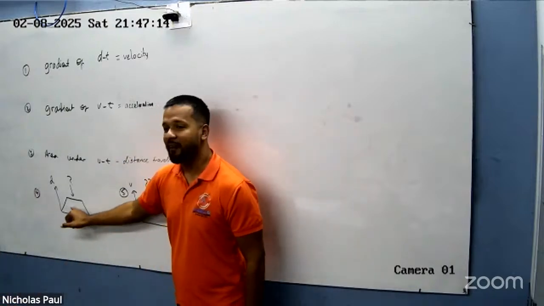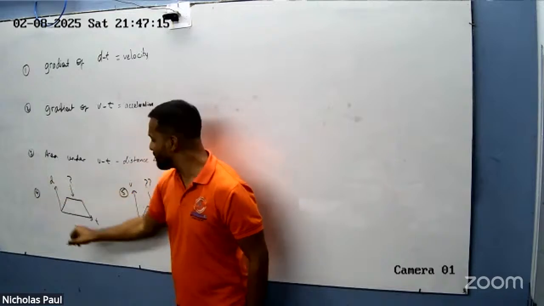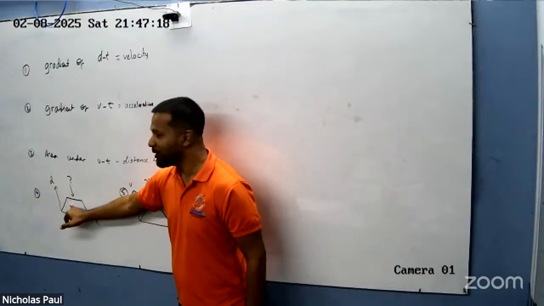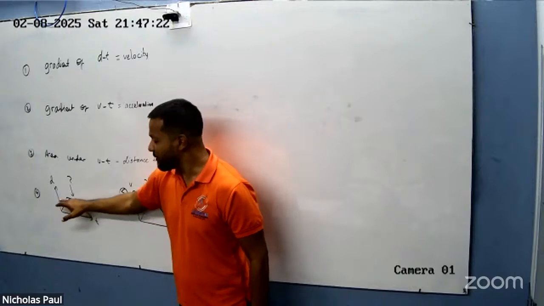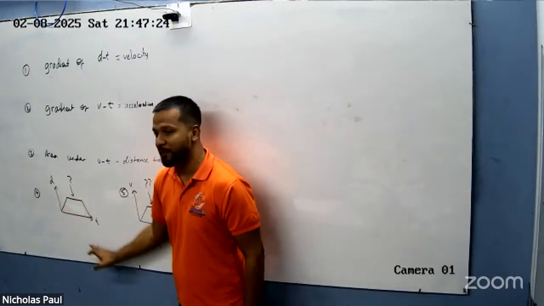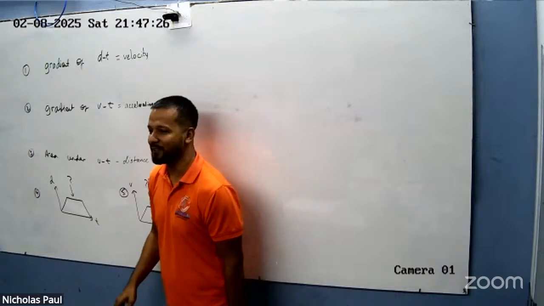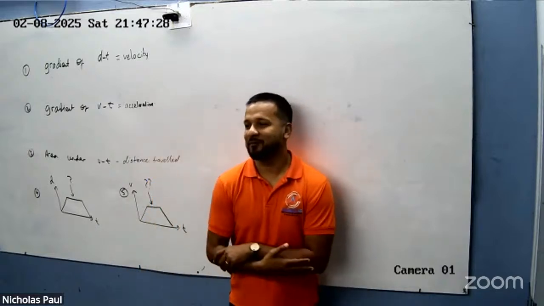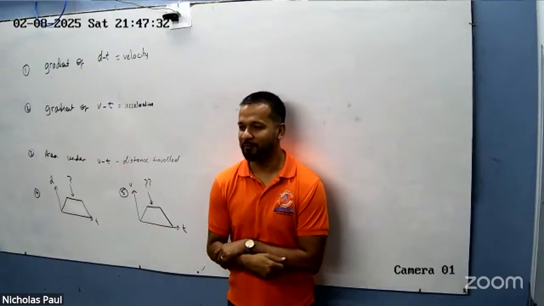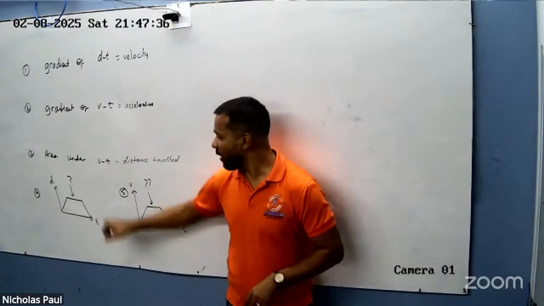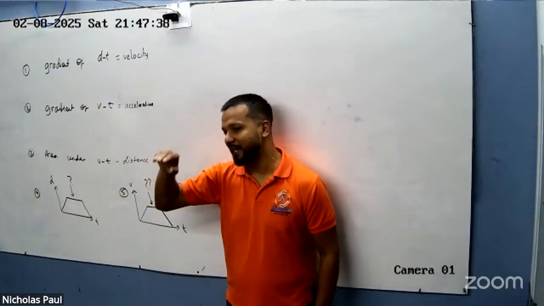Here I have given you a displacement time graph. I want to know what the horizontal part represents. What does the horizontal part on a displacement time graph represent?